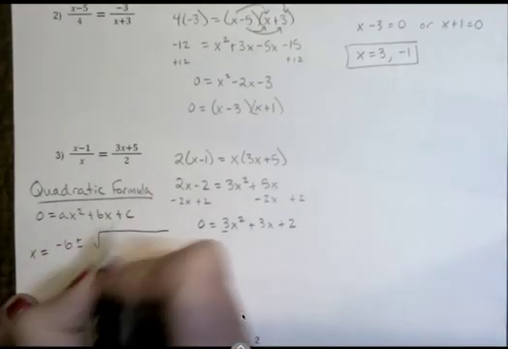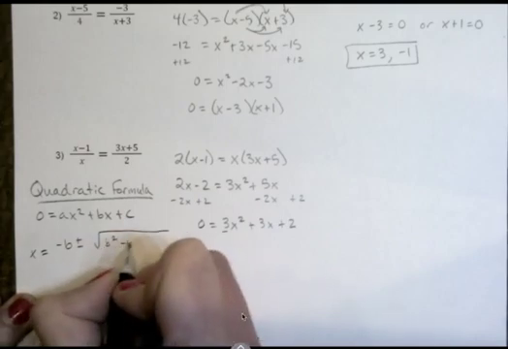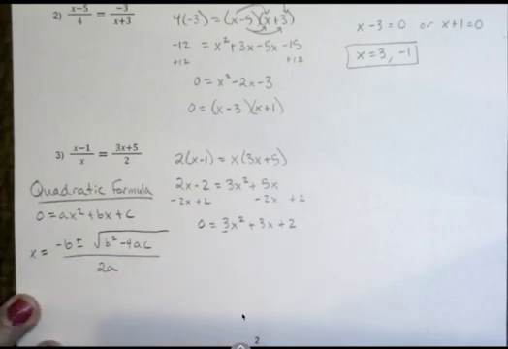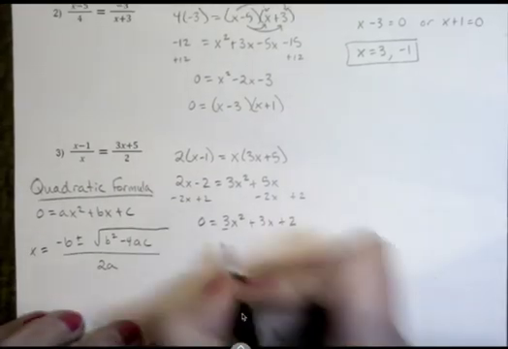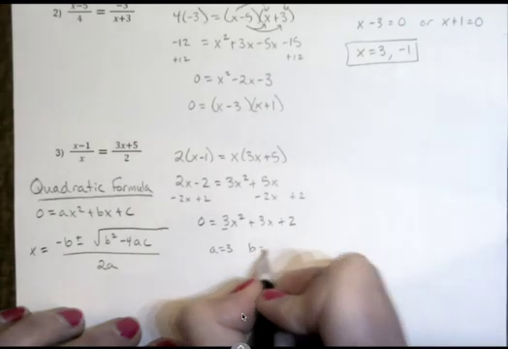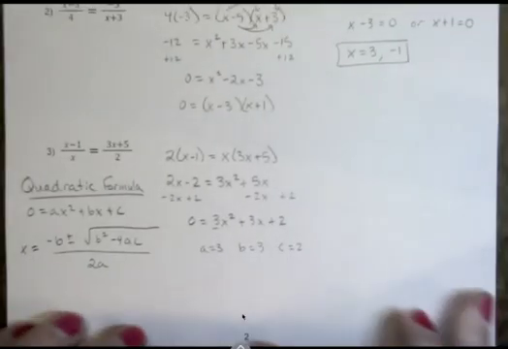Negative b plus or minus the square root of b squared minus 4 times a times c, all divided by 2a. We are going to do that with these values. So a is 3, b is 3, and c is 2. I'm going to plug these into the quadratic formula.